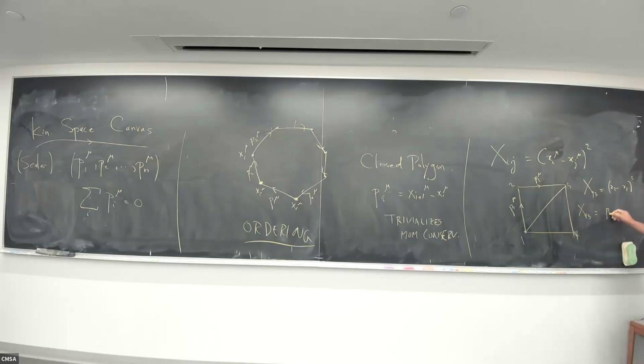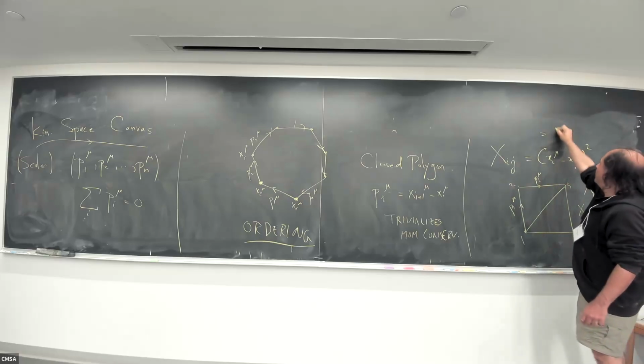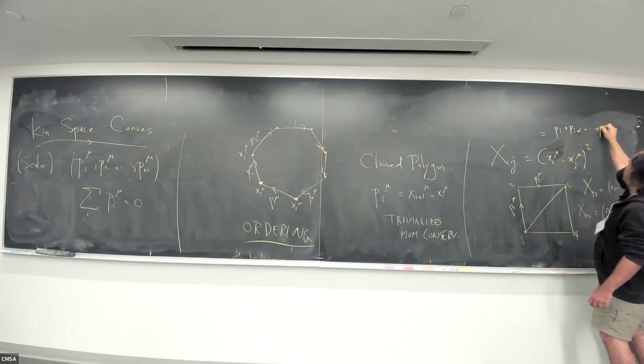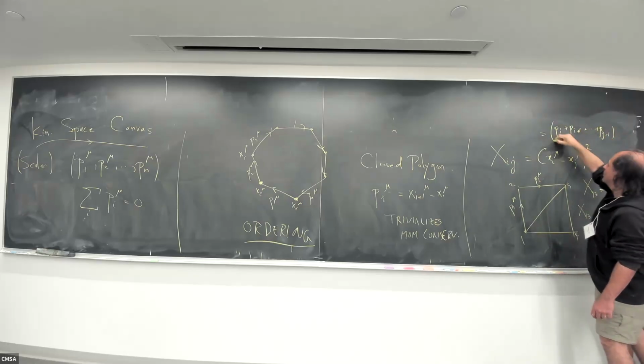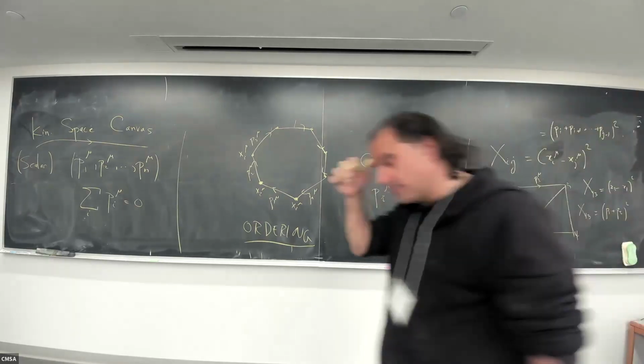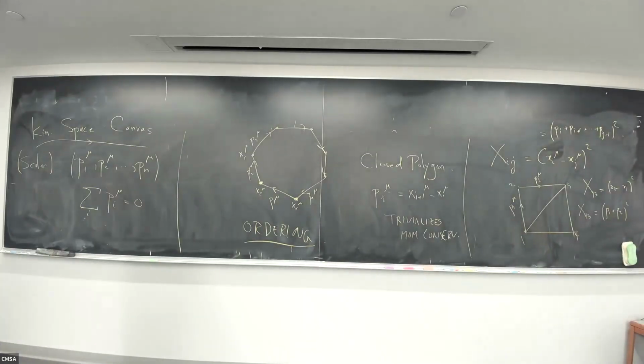Is that clear? And so in general, the x_ij are p_{i+1} plus dot dot dot plus p_{j-1}, squared. So just taking the kinematic space gives you this polygon, and the natural kinematic objects are these x_ij.